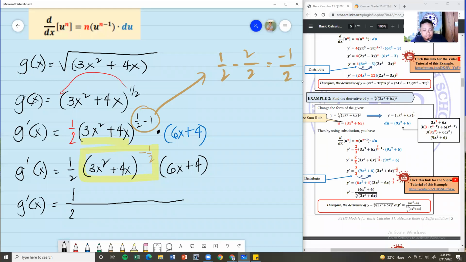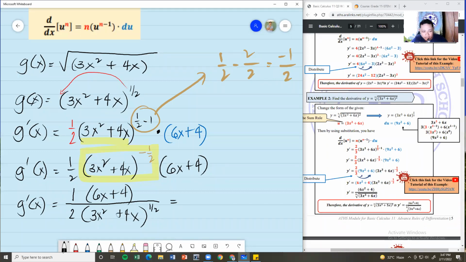So this will become 3x squared plus 4x raised to 1/2. Got it? And now, the 6x plus 4 is just a positive 1 exponent. It will never go down, so it will remain in the numerator. So, times 6x plus 4. That's it.